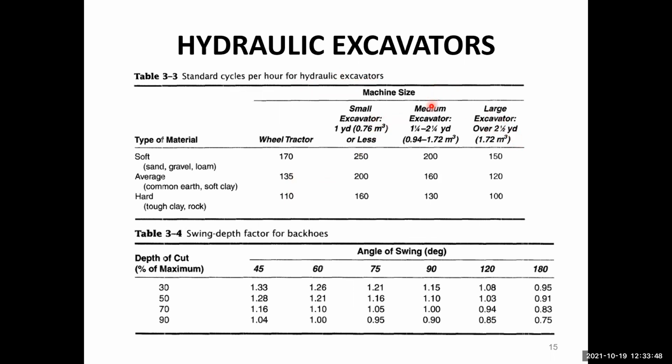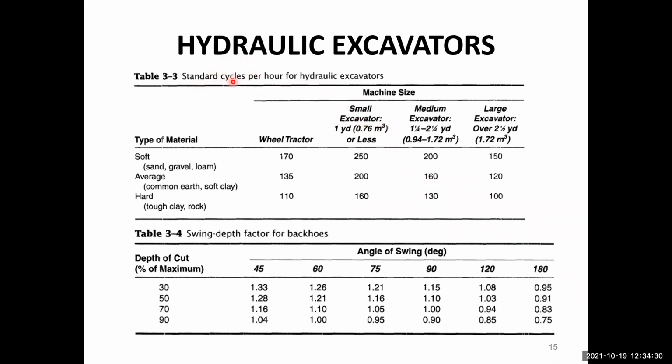If there is a medium size excavator and the soil is tough clay, then we have 130 cycles per hour. So it can perform as much as 130 cycles per hour. That means in 1 minute there are more than 2 cycles in that case. So these are the standard cycles per hour.